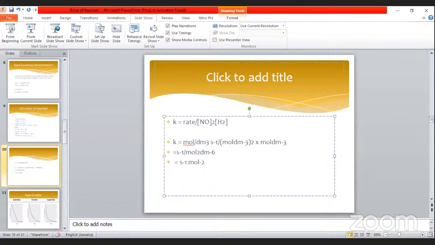And your dm now becomes positive 6 because it's minus minus. So what I had on top remains: second to the minus 1. This is now dividing, so it is a negative, so it's mole minus 2, and minus minus 6 becomes a positive 6. So my units: dm to the 6th power, mole minus 2, second minus 1.